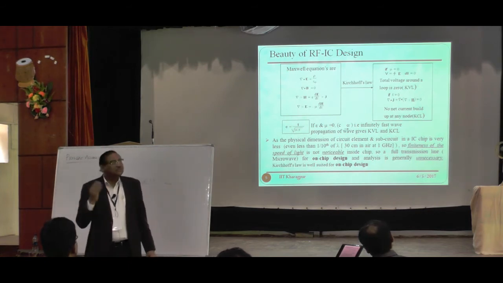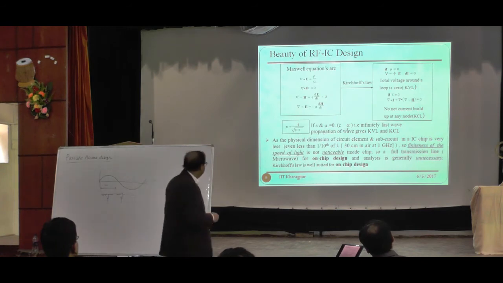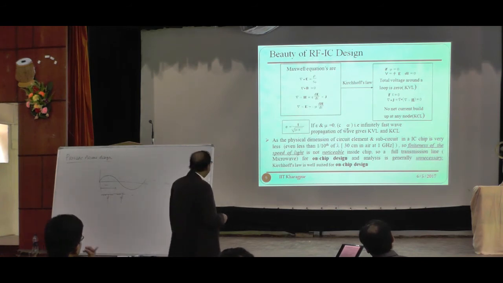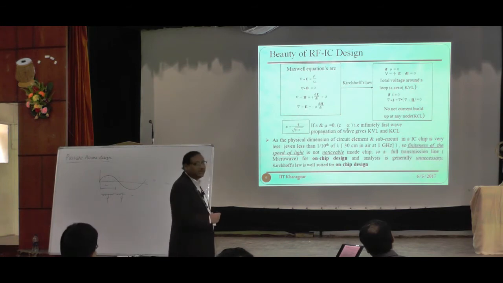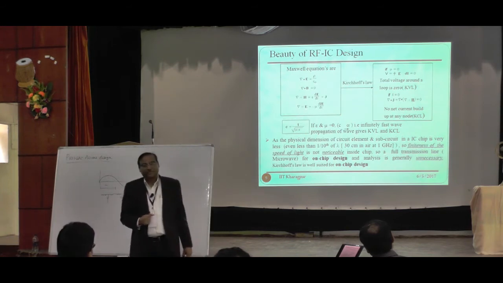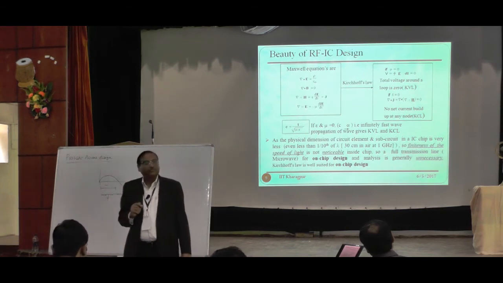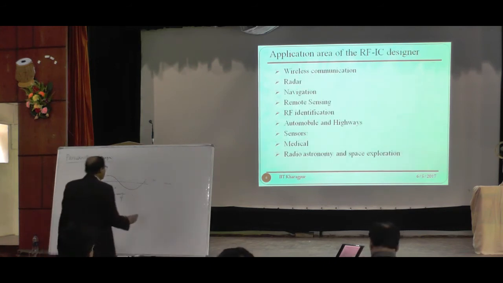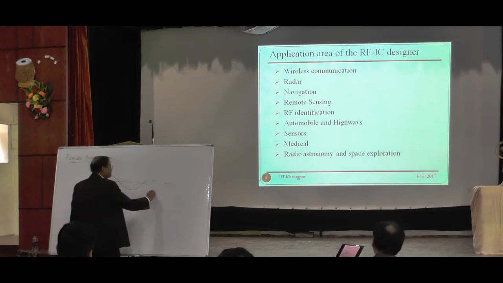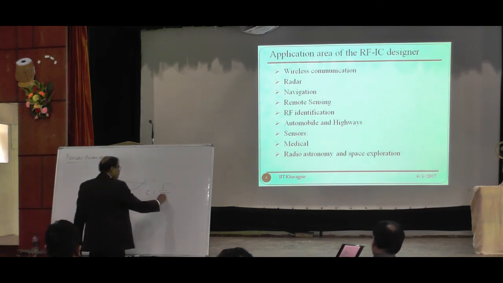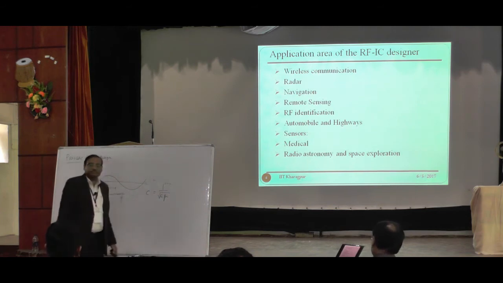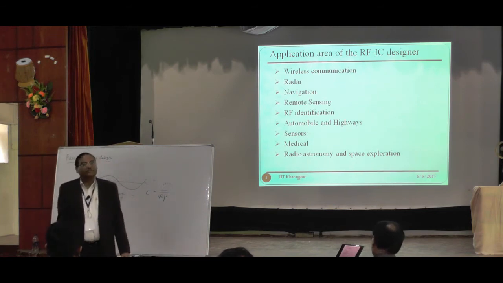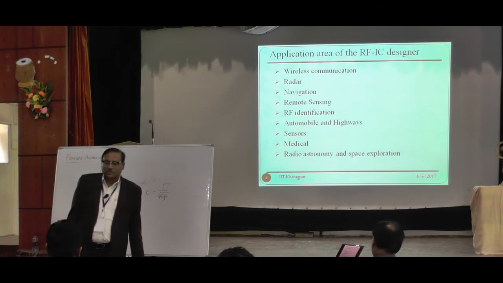Now I am asking you to imagine one simple statement. Suppose this is the velocity of an electromagnetic wave in free space: C equals 1 by square root of mu into epsilon. Epsilon is permittivity, and mu is permeability.